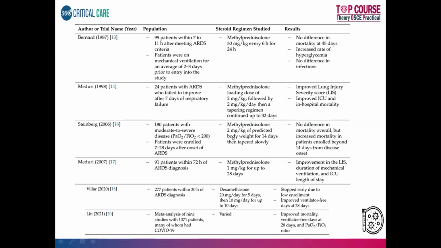Then came Steinberg, who found that there is no difference in mortality when you give steroids. Again, Meduri, the next year, because he had shown improved survival, did it again with low dose methylprednisolone, 1 mg per kg. Here he had done it with 2 mg per kg; here it is 1 mg per kg for around 28 days.